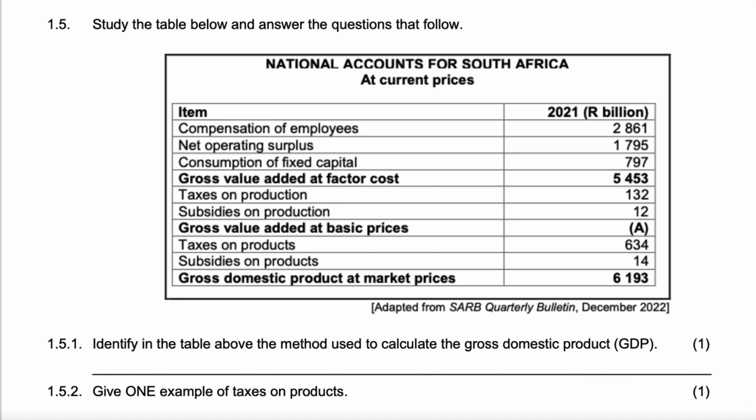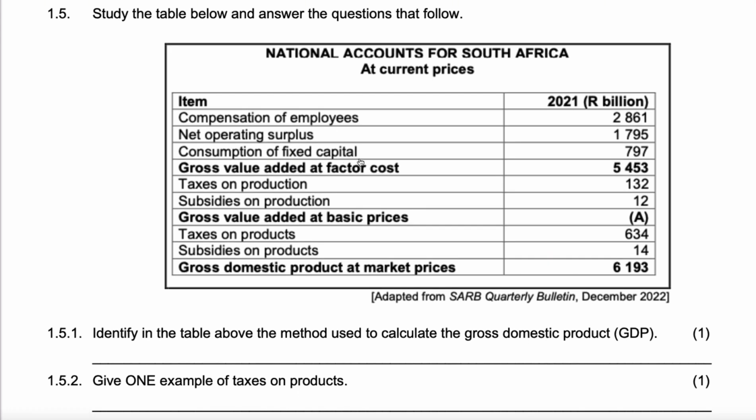Now, let's anticipate some questions. Well, first and foremost, this is the income method because it says compensation of employees. And like I explained in 1.2, compensation of employees means gross salaries and wages. Net operating surplus means profit.